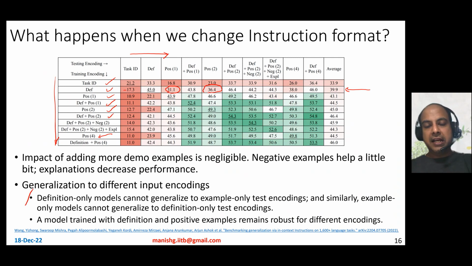Similarly, if you are using models that have been trained on examples only, then they don't generalize to definition only test encodings. The other observation is that a model which is trained with definition and positive examples sort of remains robust for different kinds of encodings. So that's the other interesting observation. The last row here.